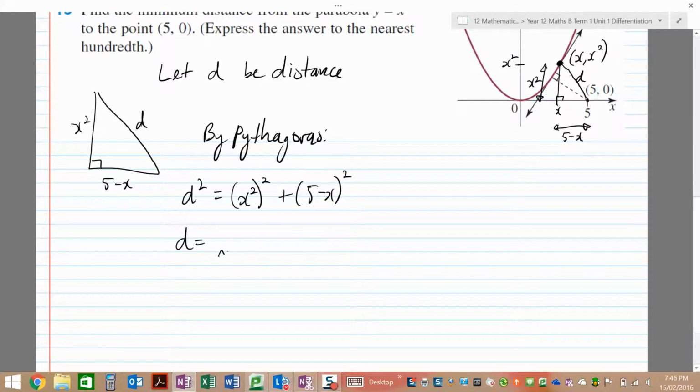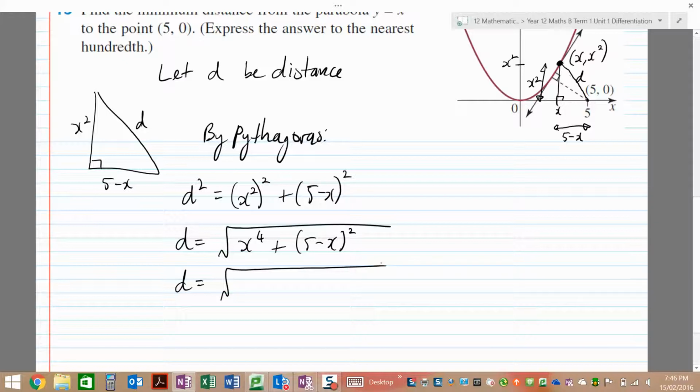So d is the square root of (x squared) squared, which is x to the power 4, plus (5 minus x) all squared. And we'll do some expansion: x to the power 4 plus 25 minus 10x plus x squared.